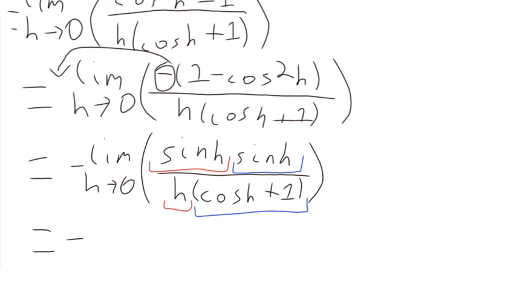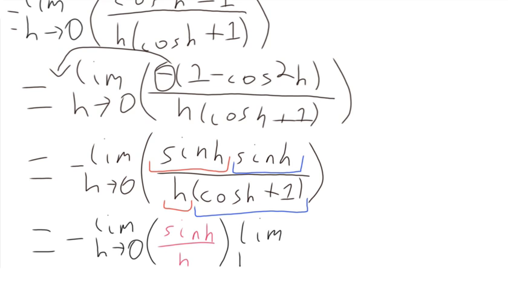And when you have a limit of a product, you can break it up into a product of two limits. So for the first part here, we will have the limit as h goes to 0 of sine h over h, and then we will multiply this by the limit as h goes to 0 of the second factor, which will be sine of h over cosine of h plus 1.